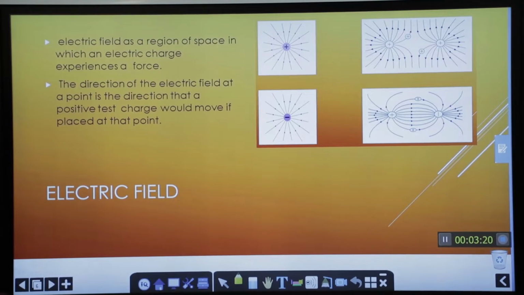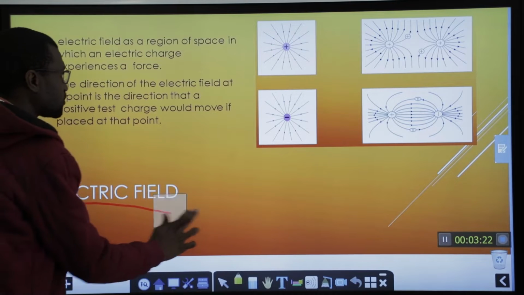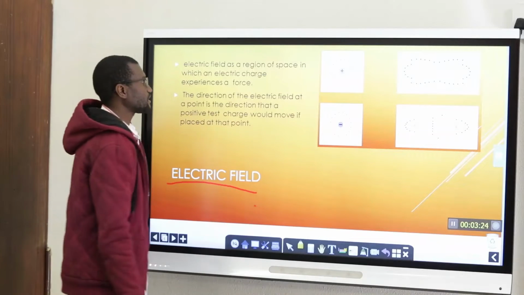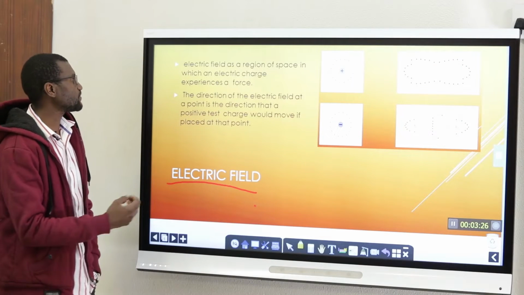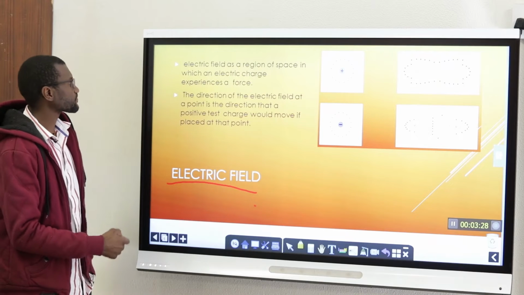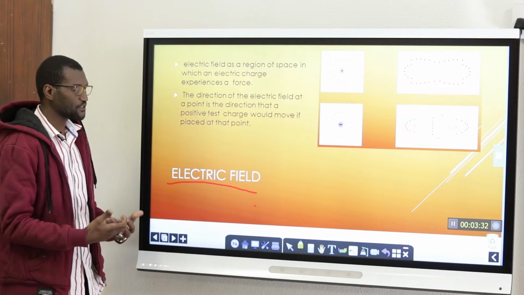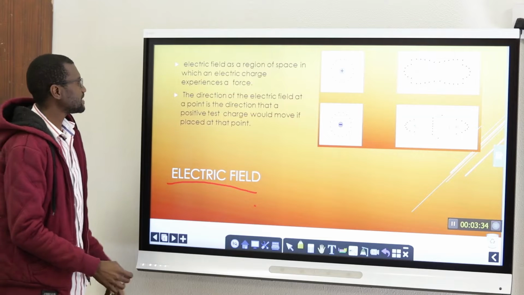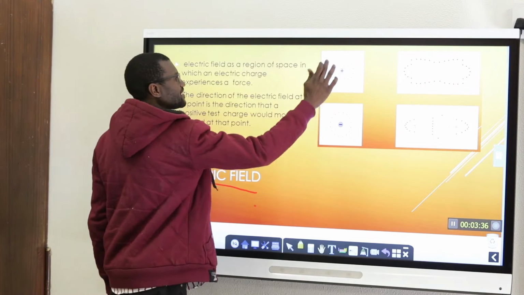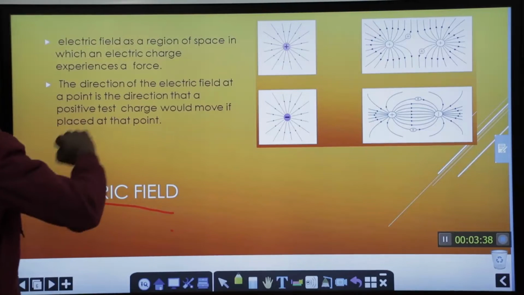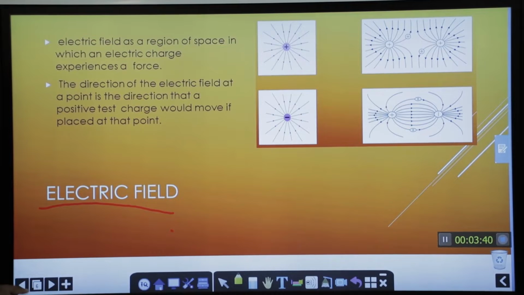Alright, let's talk about electric field, which I just introduced, and here are some examples of the electric field. Electric field is a region or a space in which an electric charge experiences a force, right? That is an electric field, alright?